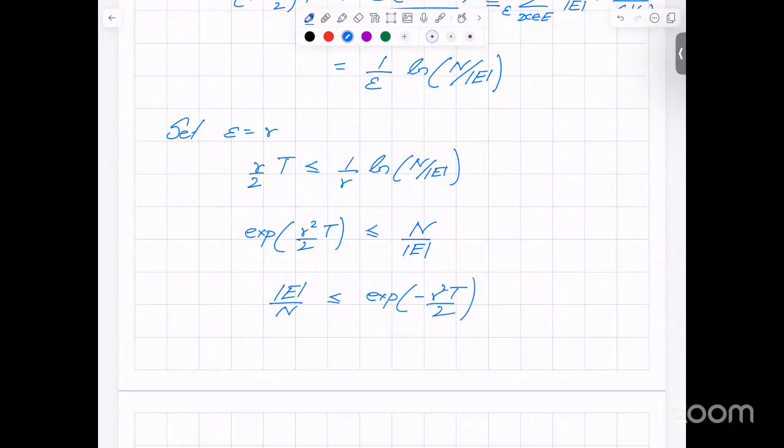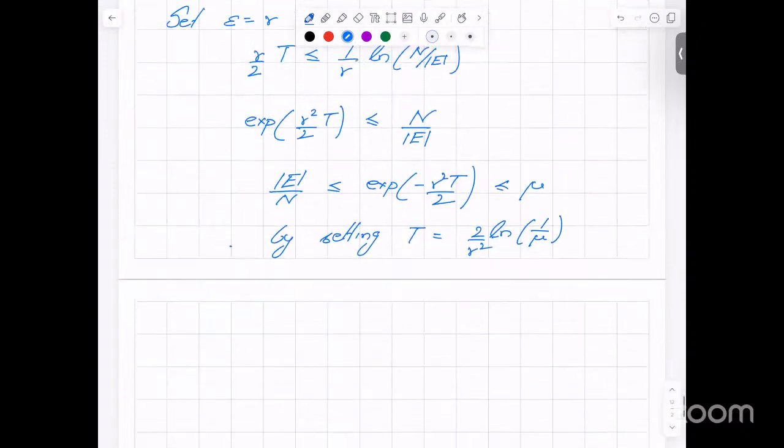So you just set this less than or equal to mu by setting T equal to 2 by gamma squared ln 1 over mu. Just set T to be that, and we'll get it.